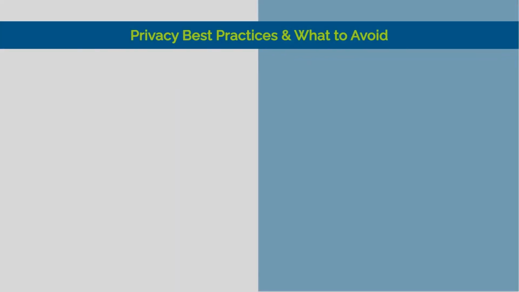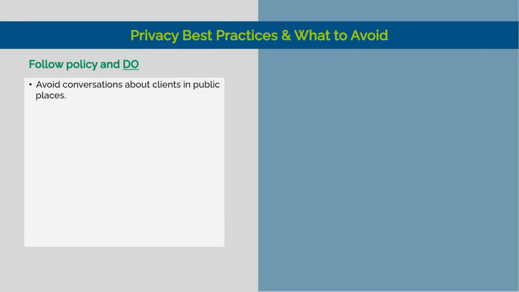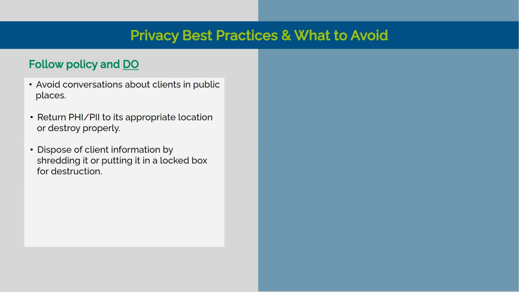Let's talk about privacy best practices and what to avoid in order to protect PHI and PII. First, avoid conversations about clients in public places. Return PHI and PII to its appropriate location or destroy it properly. Dispose of client information by shredding it or putting it in a locked box for destruction.